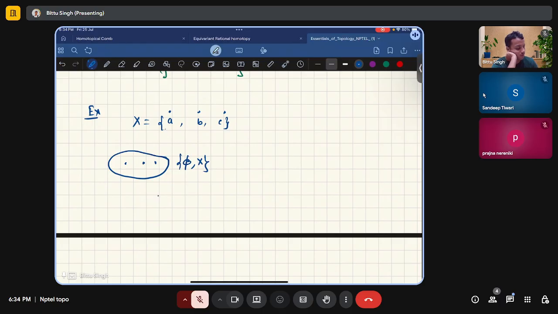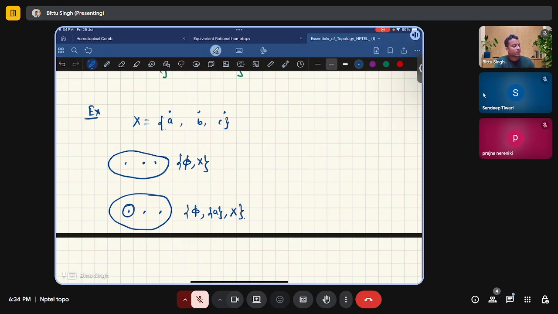Another possibility is to take only one more set: empty, take, for example, A, and take the whole X. It is also a topology because you can see those are in an increasing chain under the subset relation.